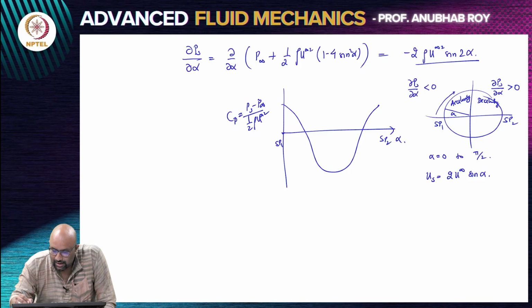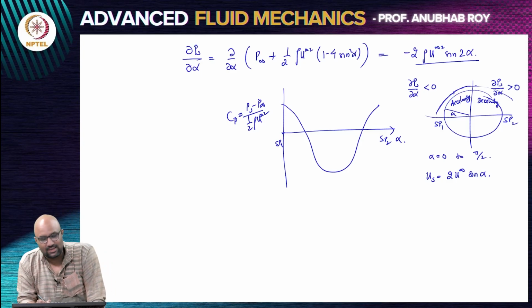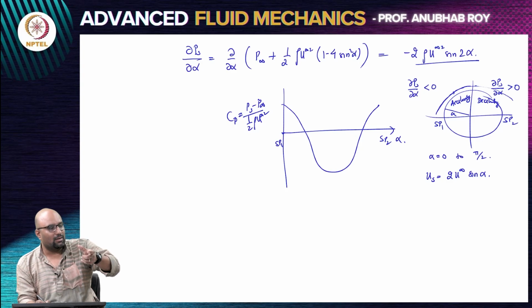So, as we were discussing earlier, the boundary layer thickness should actually start to get squeezed as it moves towards pi by 2, and then it will spread out as you go towards the second stagnation point. Because in the second quarter, it is experiencing a decelerating flow.